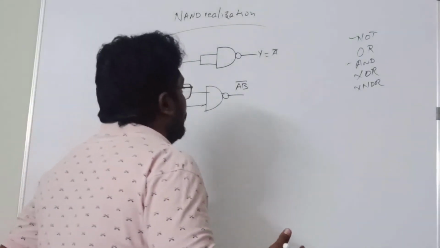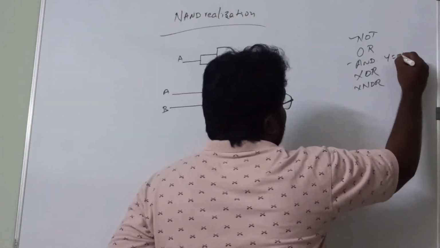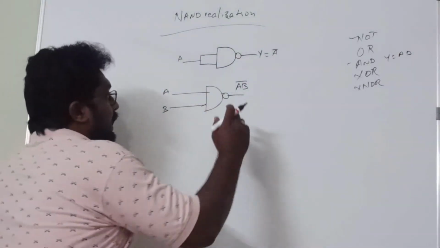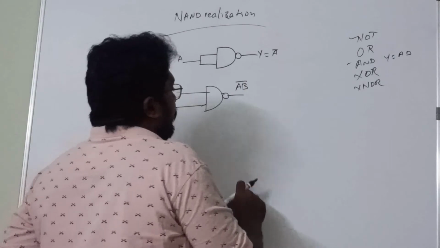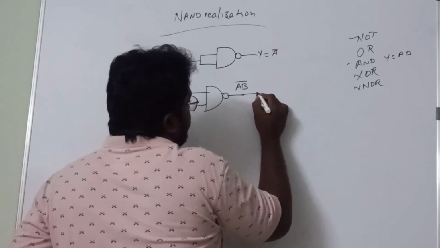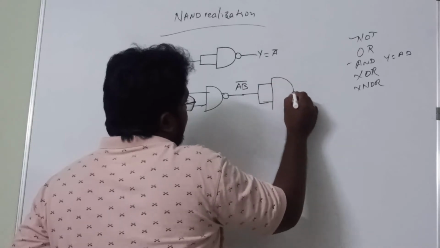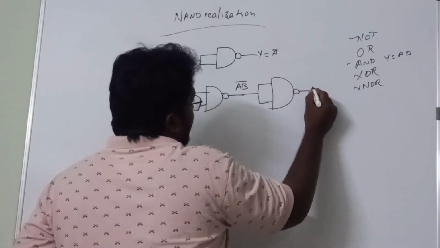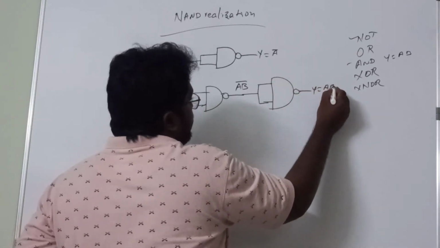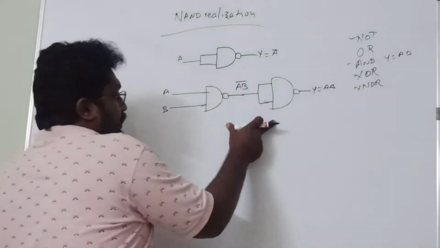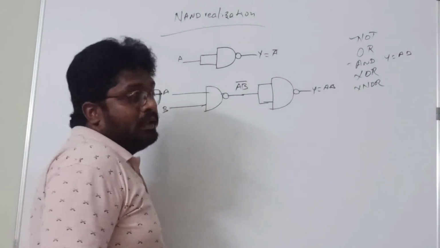What I need to get is Y is equal to AB, right? Here I am having the complement. To remove the complement, again I am using a NAND gate, and finally I am getting Y is equal to AB.